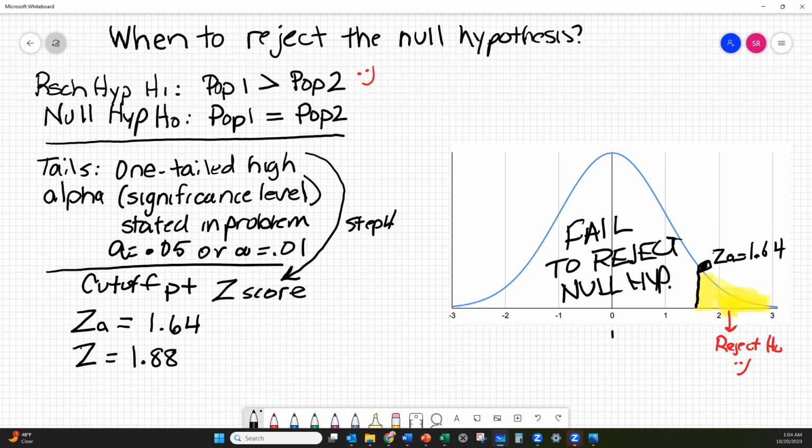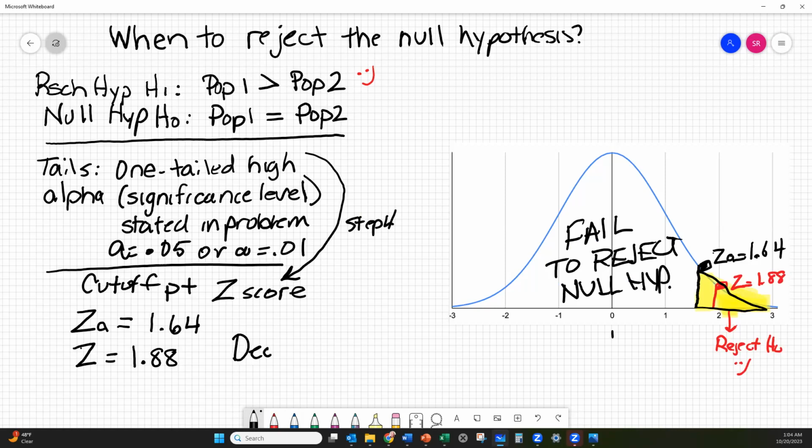And so here we can go ahead and plot our sample z-score, which is z equals 1.88. It falls into the shaded region over in this tail. Since it falls into the shaded region, we can reject H0.